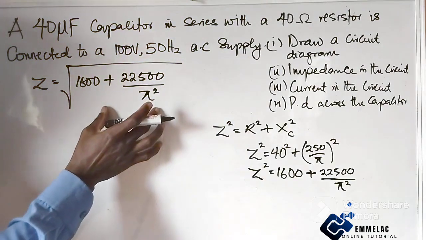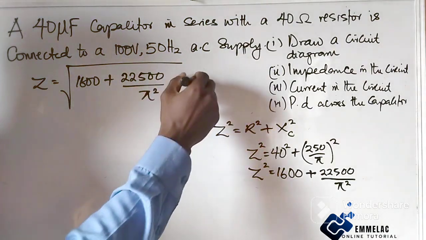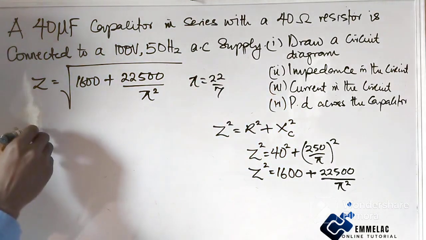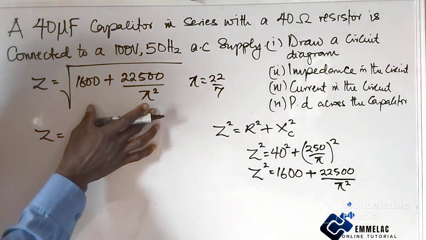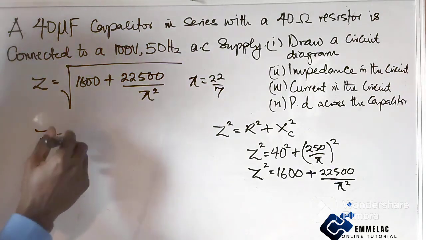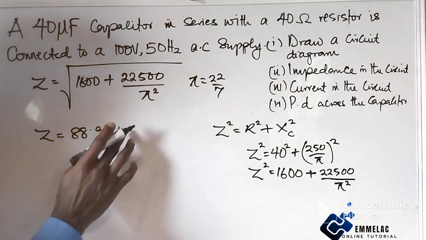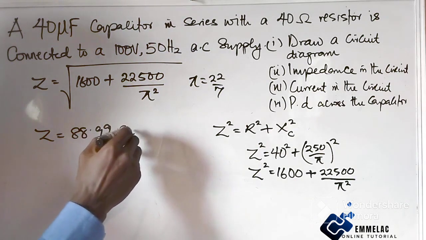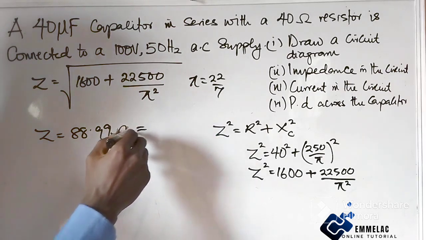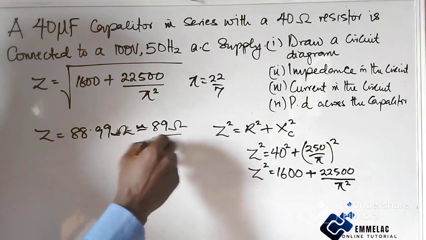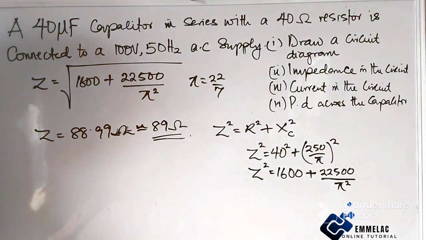Now if we resolve this, making pi equal to 22/7, at the end of the day, using our calculator, we end up having 88.99 ohms, which is 89 ohms. All right, this is the final answer to the question.